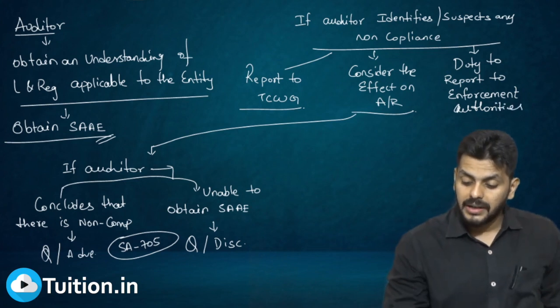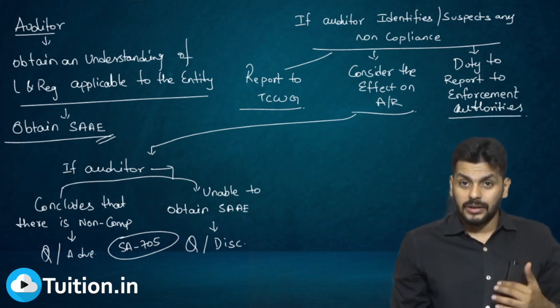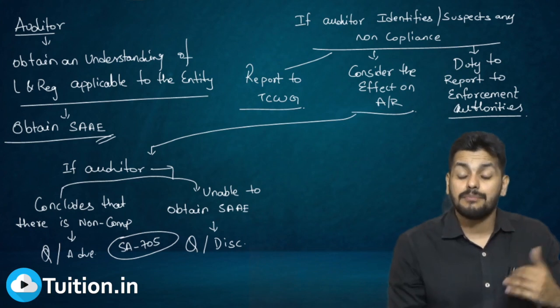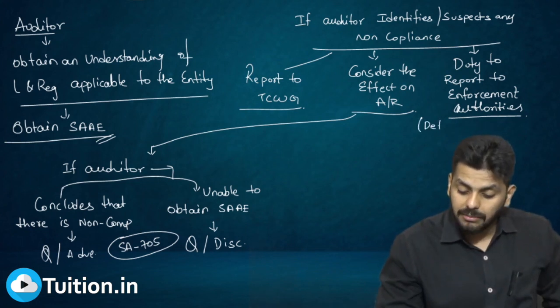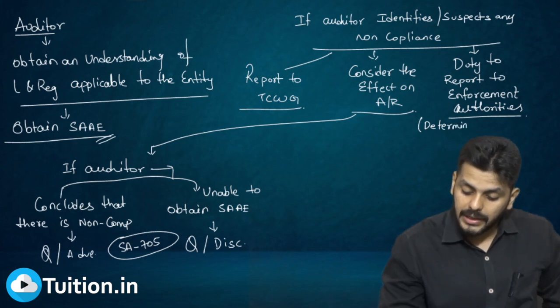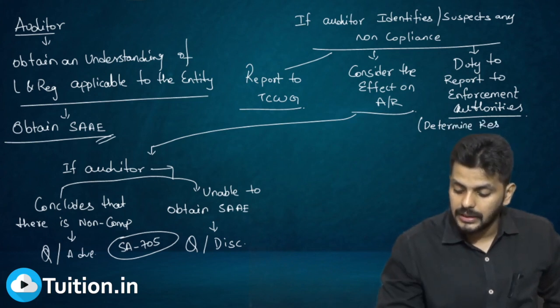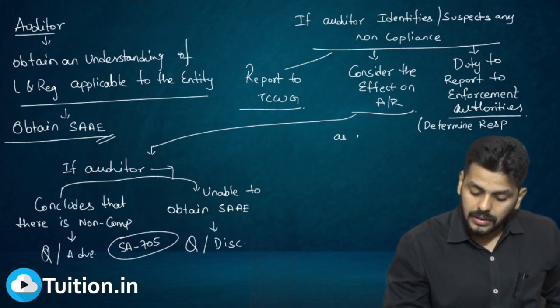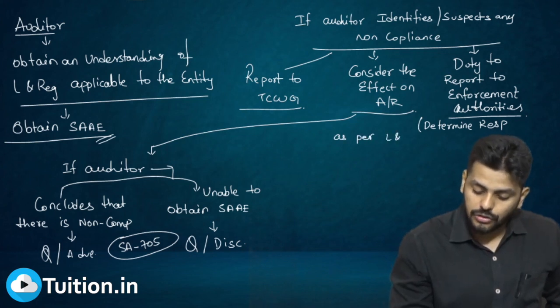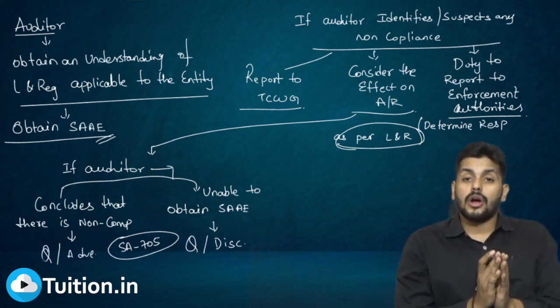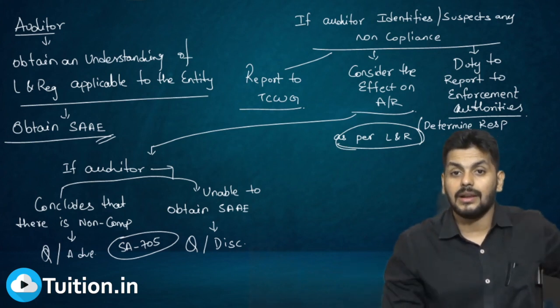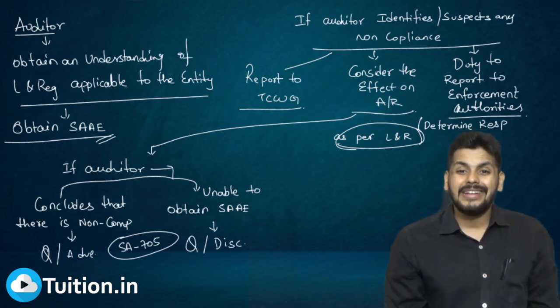But if it's not on your own, and you're communicating to them because you have to, it's a responsibility, so you have to determine that responsibility as per laws and regulations. That's the point. You will not go and simply outburst and tell whatever you're supposed to, because that's not needed all the time.